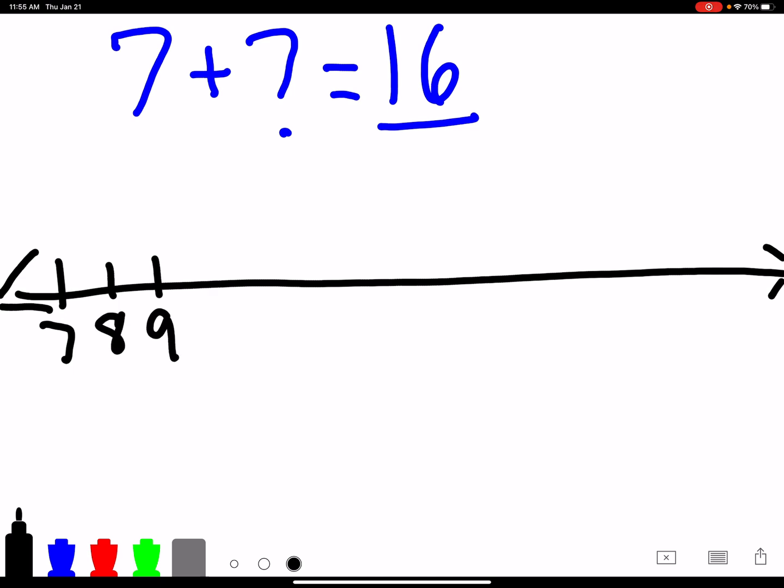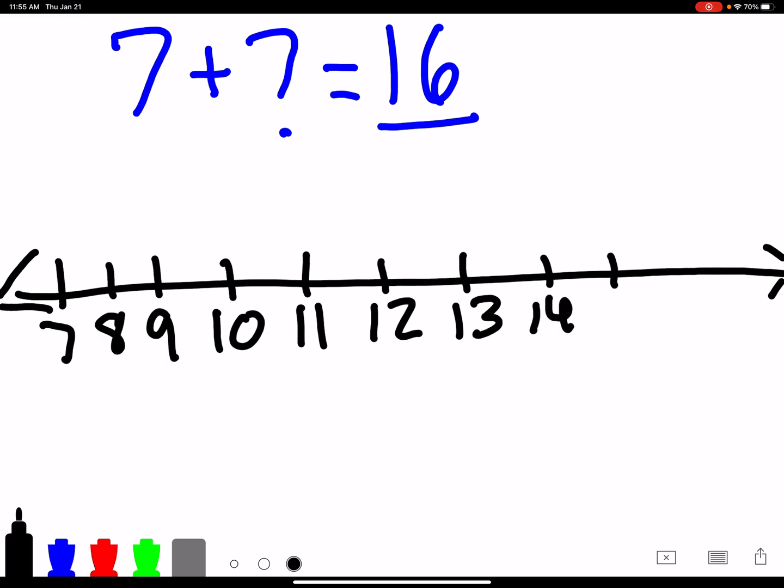I started counting from 7 since I know the answer is not going to be below 7. 10, 11, 12, 13, 14, 15, and 16. And I know I'm going to stop on 16 on the number line because that's the answer. So in this problem, the amount of presents is going to be less than 16 since 16 is the total that we have. So we are going to use subtraction in this problem.